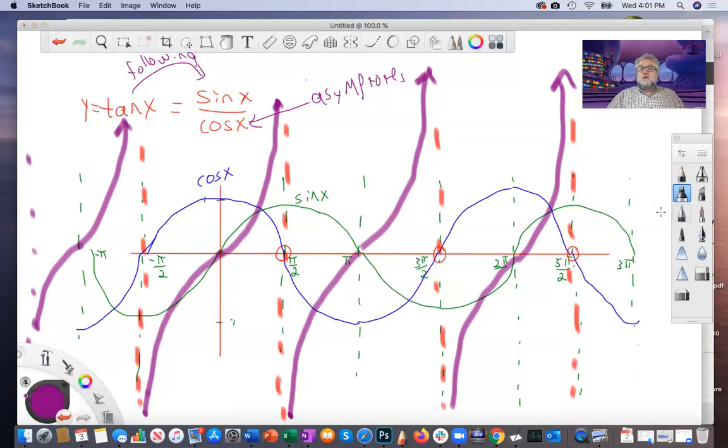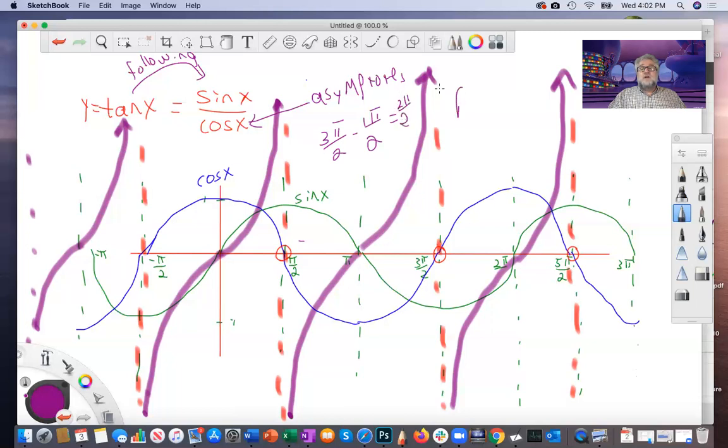Important things to notice is the period. How often does it repeat itself? Well, let's see, it goes from here to here, and then it repeats here to there, and then it repeats here to there. The distance from here to here, let me figure it out. 3 pi over 2 minus 1 pi over 2 is 2 pi over 2.